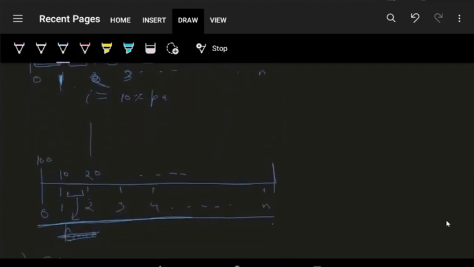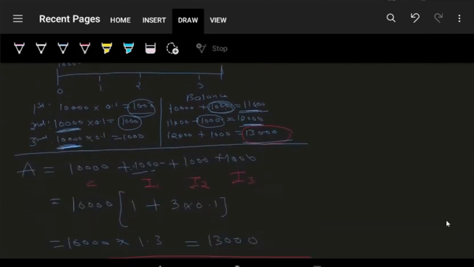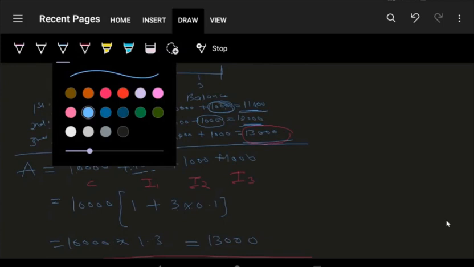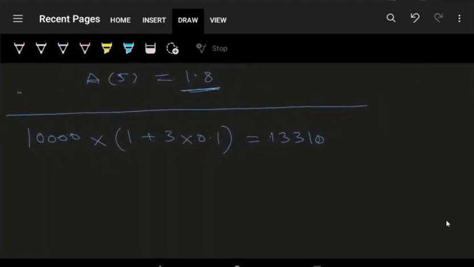Here we multiplied this 10,000 by this factor 1 plus 3 into 0.1. So sorry, it would be 13,000. So this is my accumulation factor. Since this would be my accumulation factor for 0 to 3 time period, since this is my capital and I'm multiplying my capital with accumulation factor to get my accumulated amount.